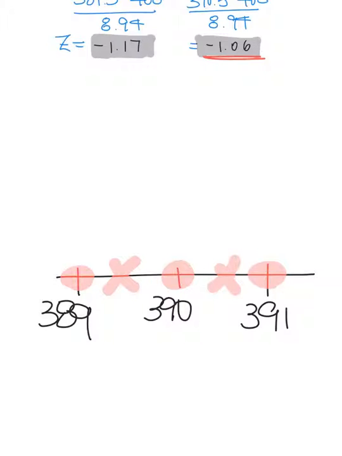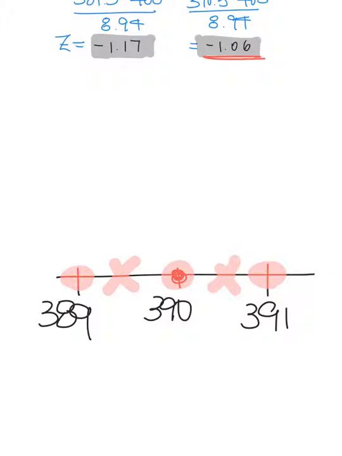So actually we need the probability at 390, but we are going to take the probability based on a continuous random variable.